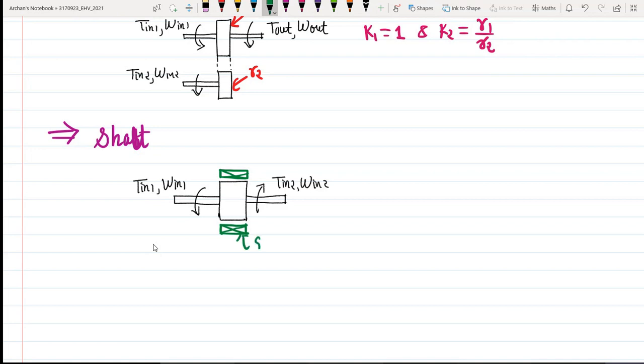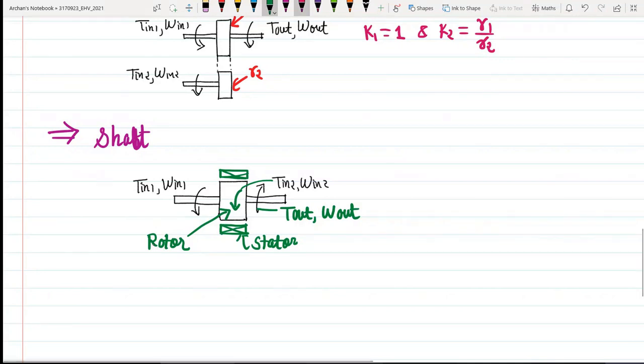So this indicates stator and this indicates rotor, right? So now we have provided 2 inputs to this particular case. First one is T in 1, second one is T in 2, omega in 2, which will ultimately result in output torque and output speed, T out, omega out.